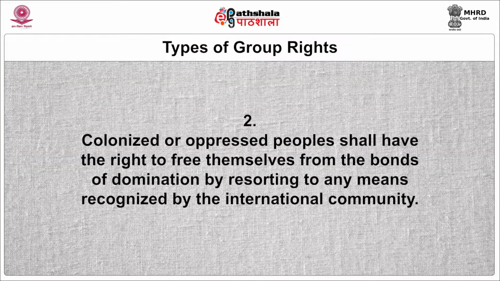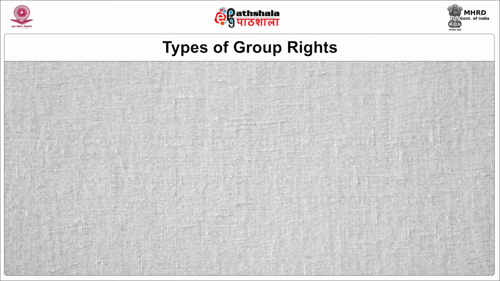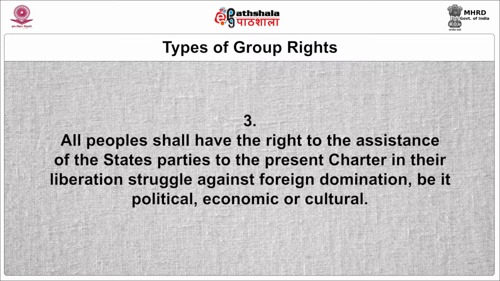Colonized or oppressed peoples shall have the right to free themselves from the bonds of domination by resorting to any means recognized by the international community. All peoples shall have the right to the assistance of the state parties to the present Charter in their liberation struggle against foreign domination, be it political, economic or cultural.